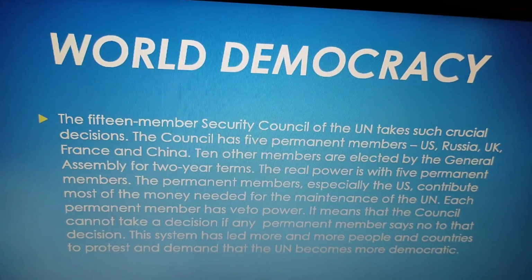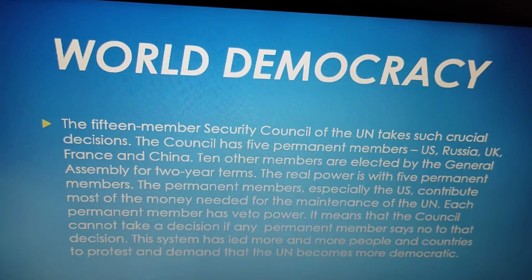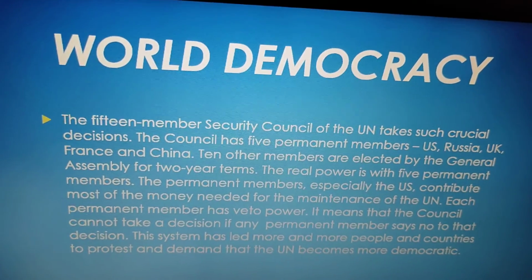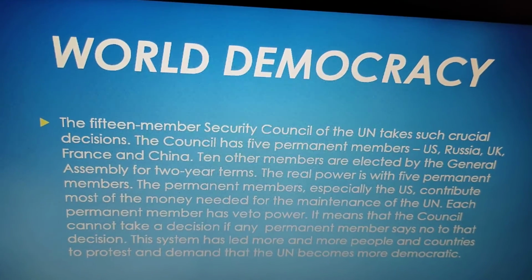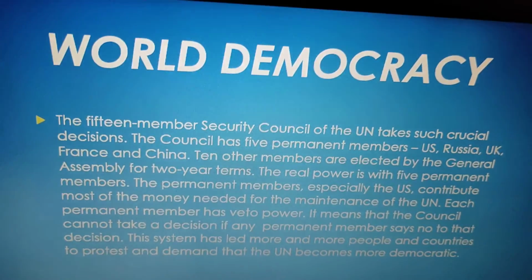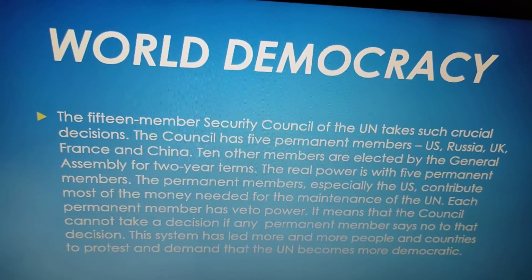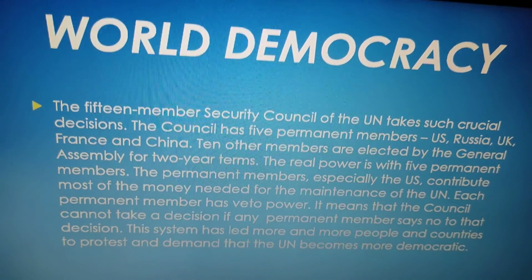For finalizing a decision, these five countries should agree. If any one country backs out, the decision will not be taken, and the voting power which has been given to the 193 countries will be neglected.